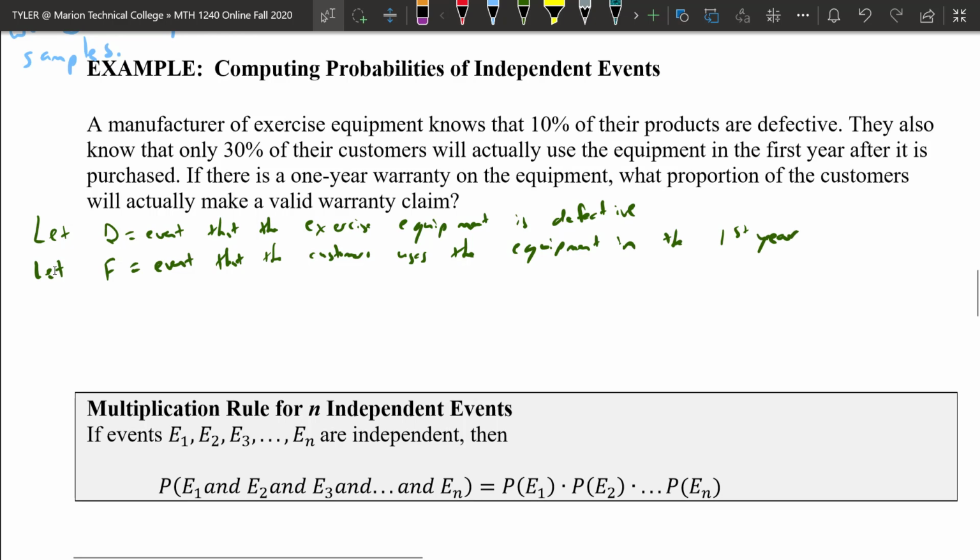So what we're really after is, what's the probability that D and F occur?